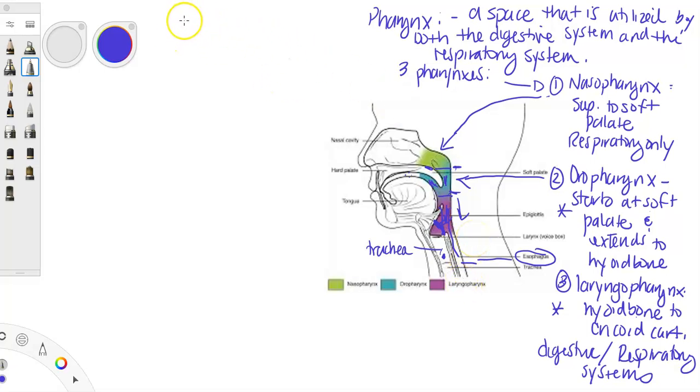All right, so swallowing, the act of swallowing is called deglutination. Deglutination. And it has 3 stages.